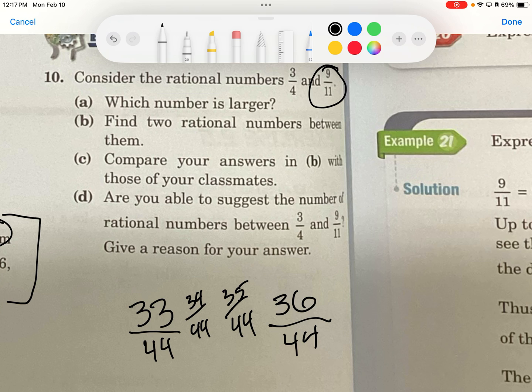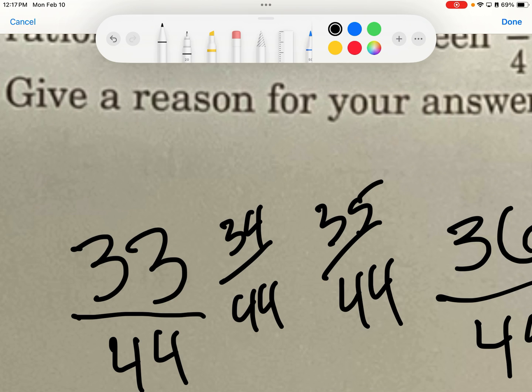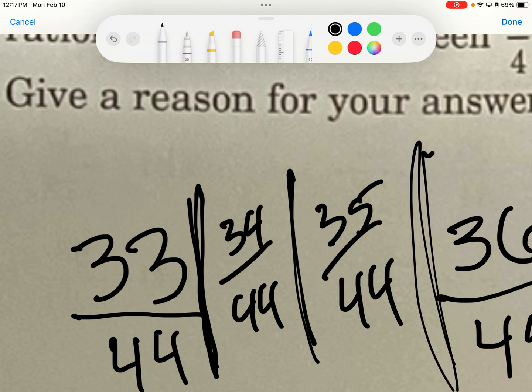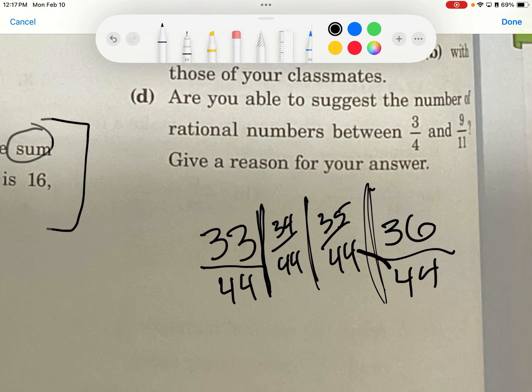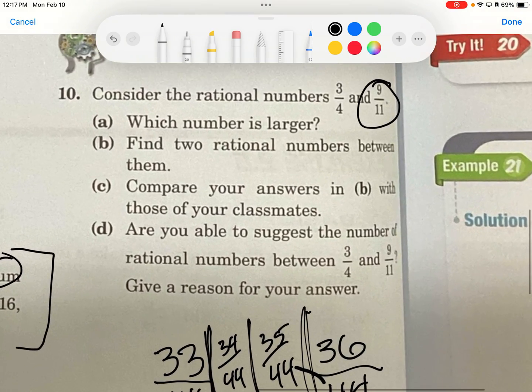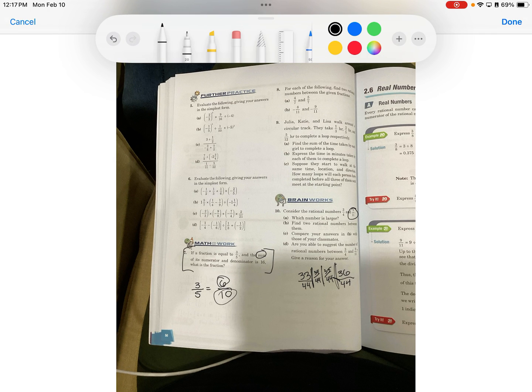With decimals you can go all the way back, but we're not doing decimals, we're doing fractions. What can go between these two that's whole? Nothing. So it's got to be like 2. I'm probably way off. That's okay. These kind of problems always make me second guess myself. Am I right?